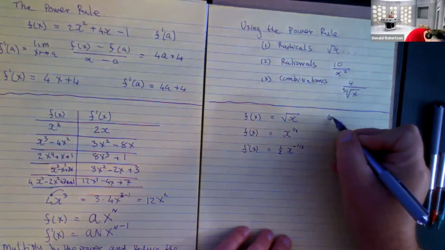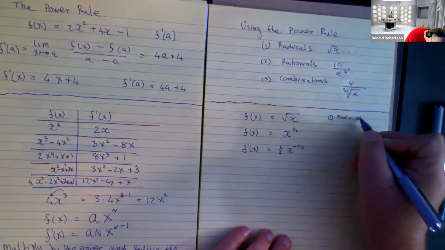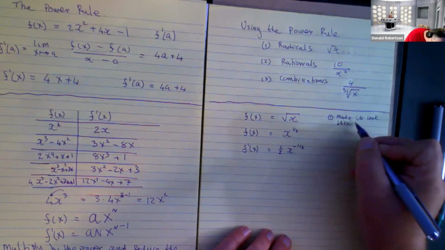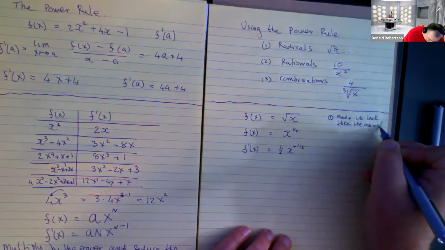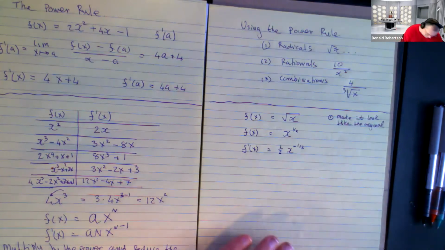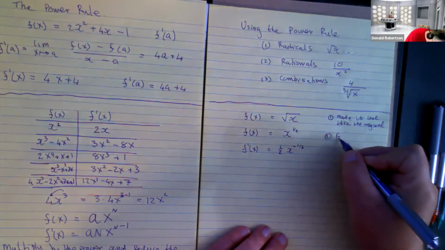The first rule is make it look like the original. If your original question had a square root in it, your derivative should look like it. It should have square roots in it. It shouldn't have negative half powers or even half powers. That's the first rule. Second rule doesn't happen very often, but factor the heck out of it.